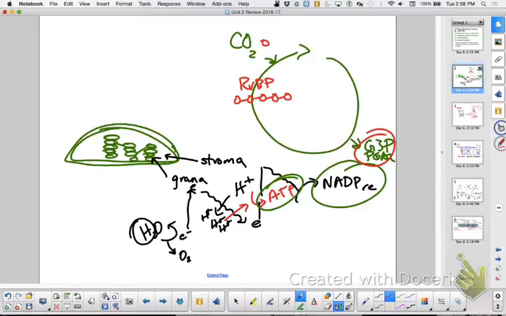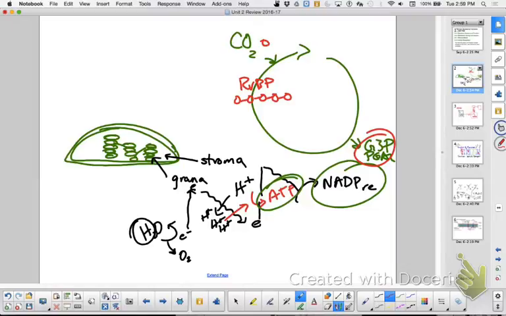And you're left with 5. 3C5 plus 3C1 makes 3C6, break down to 6C3. Use some ATP, use some reduced NADP on your 6C3. Take one away. Now we have what? Glucose, jazz hands. And you're left with 5. Use some ATP to build 3C5 plus 3C1 makes 3C6, break down to 6C3. It's a little bit easier. But anyway, I simplified it just a little bit, okay?